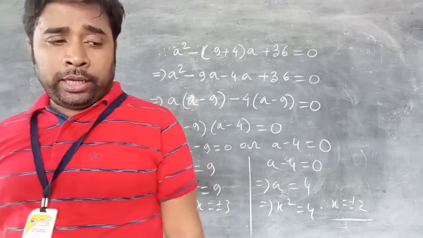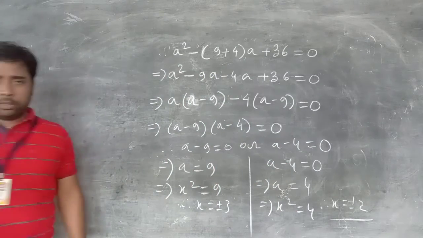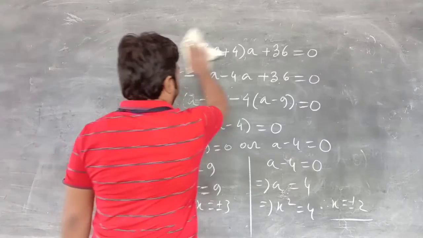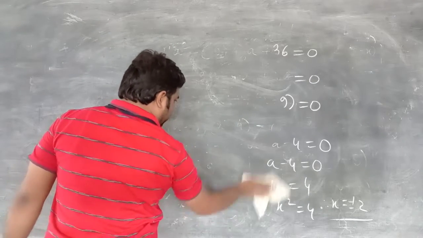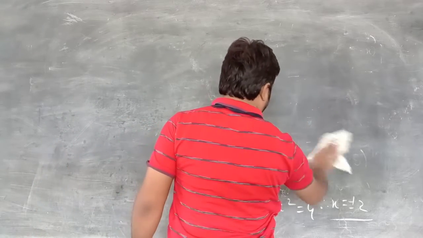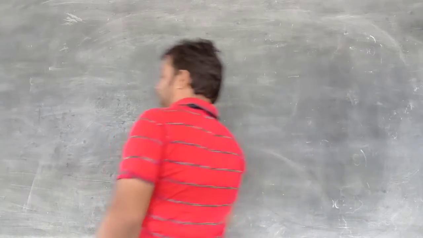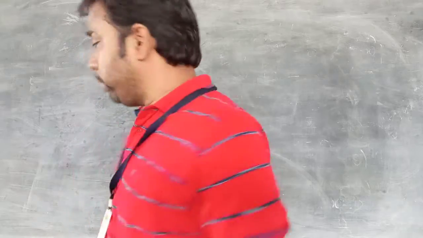Okay, and remember one thing: when I sent you the notes, I have written there that whenever in a particular quadratic equation there is any common part, you have to consider the common part as y or a, anything. Okay, so what is the question? What is question number 3?